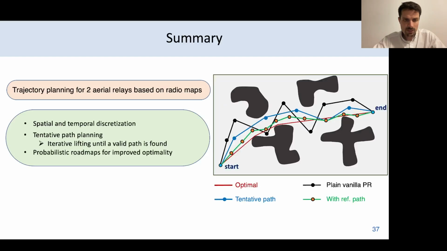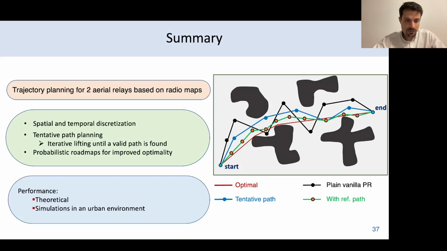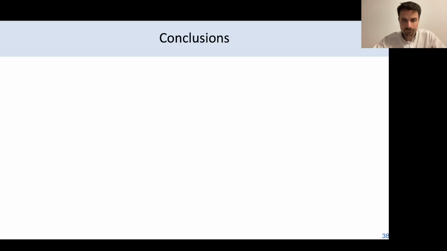We discretized the problem spatially and over time. Then we used a heuristic algorithm to plan the iterative, tentative path, sampled around it, and then applied a shortest path algorithm on the resulting graph. It has theoretical performance guarantees, as I mentioned, and it works well as per our simulations.